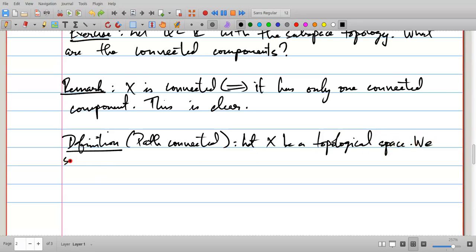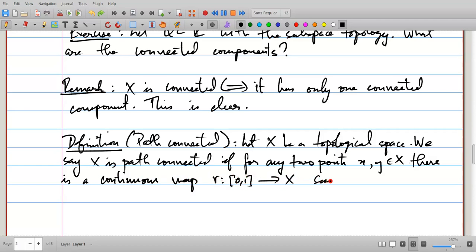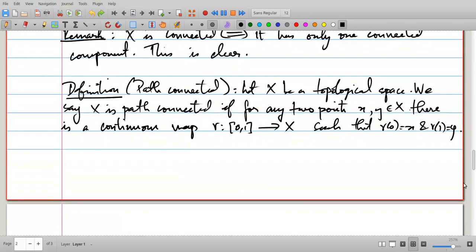We say X is path connected if for any two points x and y in X there is a continuous map gamma from [0,1] to X, which is called a path, such that gamma of 0 is x and gamma of 1 is y. So this is that there is a continuous path from x to y.